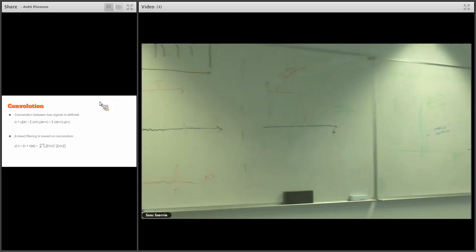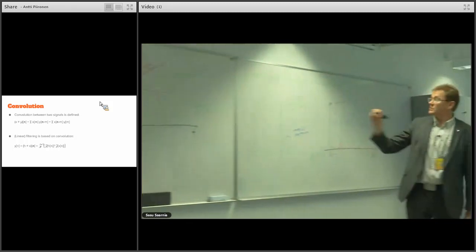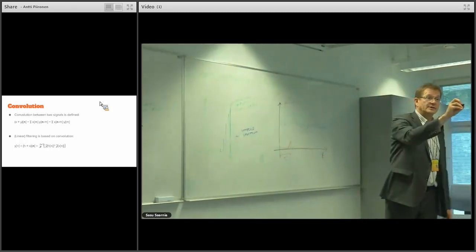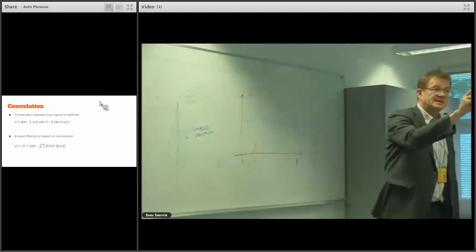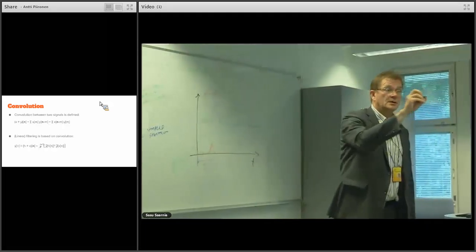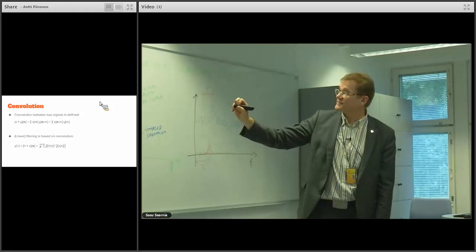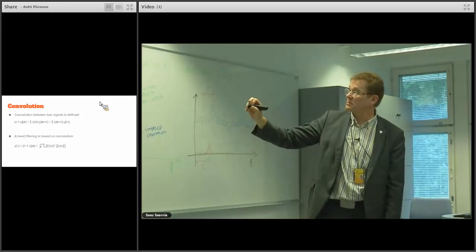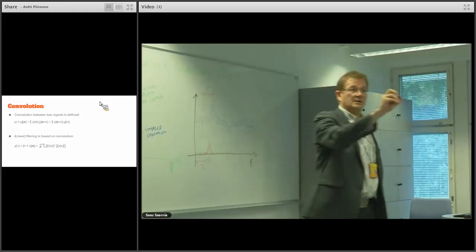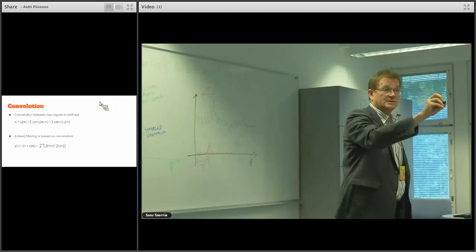Okay, so this is quite practical now. What you need to have to do filtering here is to have the system transfer function known. That's the system transfer function.